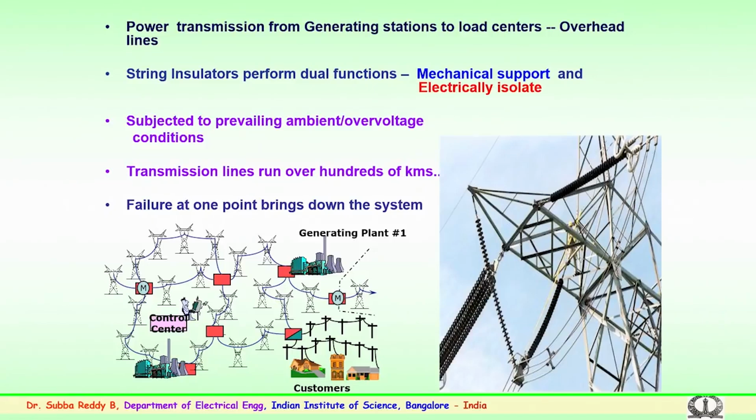In case there is a failure at any point in the system, from the generating to the transmission to the distribution stations, the entire system could be brought down. So this is so important. The insulation has to be maintained, and the insulator should perform under all the conditions which are mentioned.